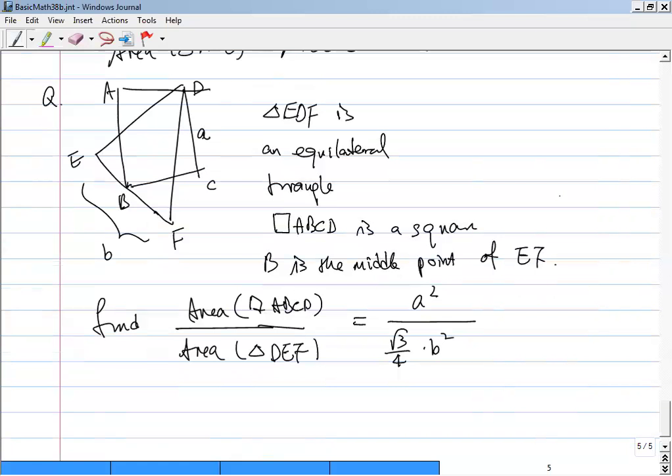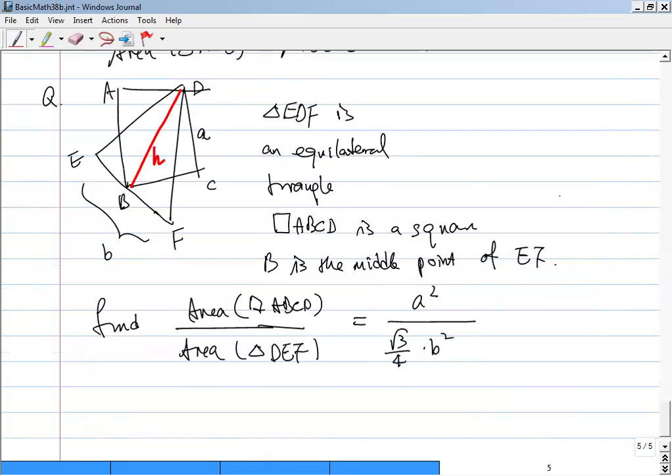How do you find it? I think you need to look at this side. Let's call it H. That's our middleman. You have a relation between A and H.